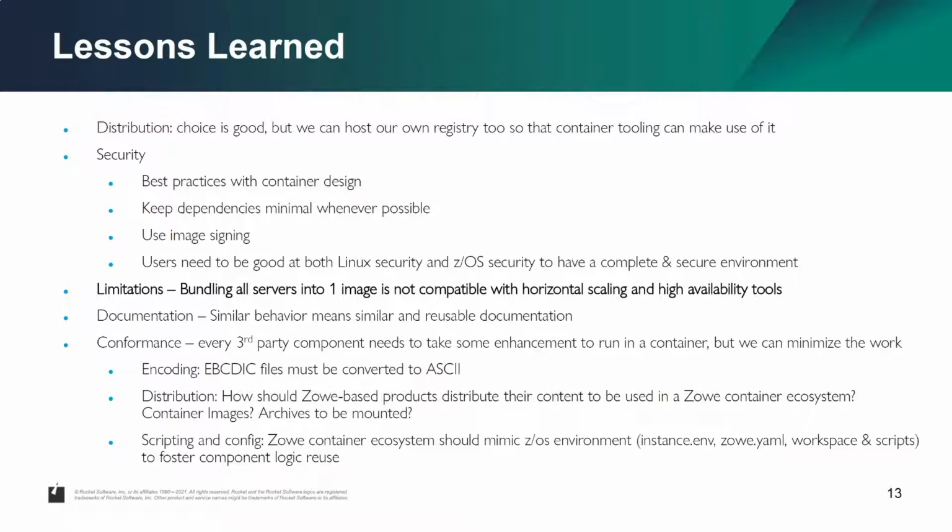So encoding is something that there's really no workaround. If you want to have a piece of code that can run on z/OS and on a container, you're going to need to deal with encoding. Some code might need to be in EBCDIC on one platform and ASCII in another.